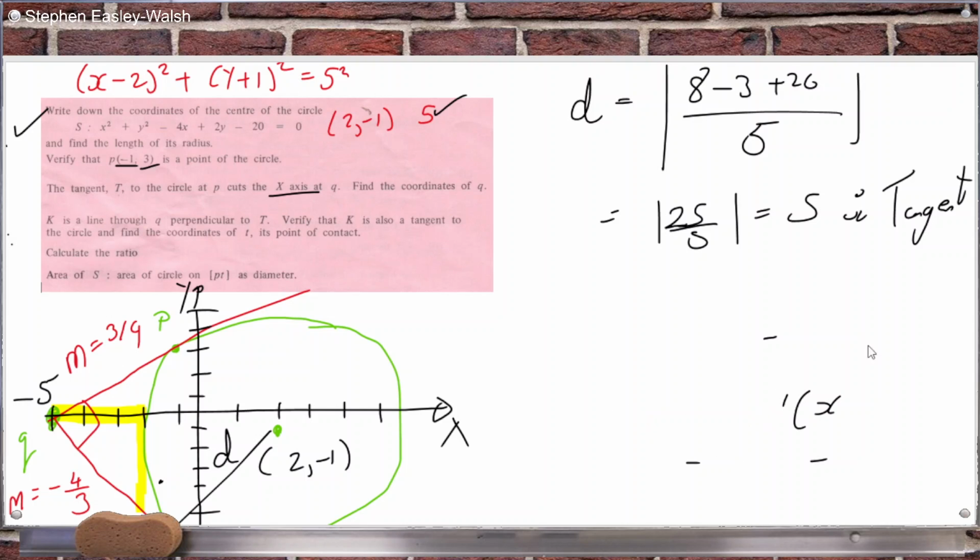If I draw a triangle here, does that help? Yeah, because I know that this side here is 5, and that's the distance.